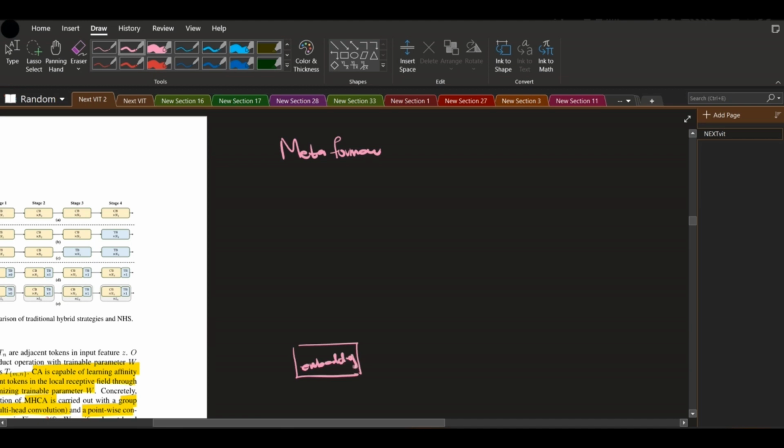Essentially the embedding has to project the input tokens into the embedding space, right? Then these tokens pass through a series of MetaFormer blocks. So we have two blocks here, right? These two blocks consist of residual connections, like so.